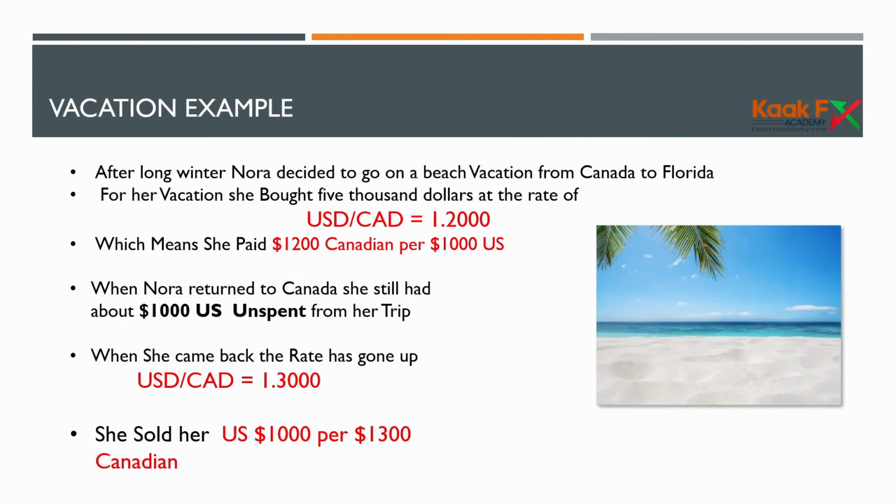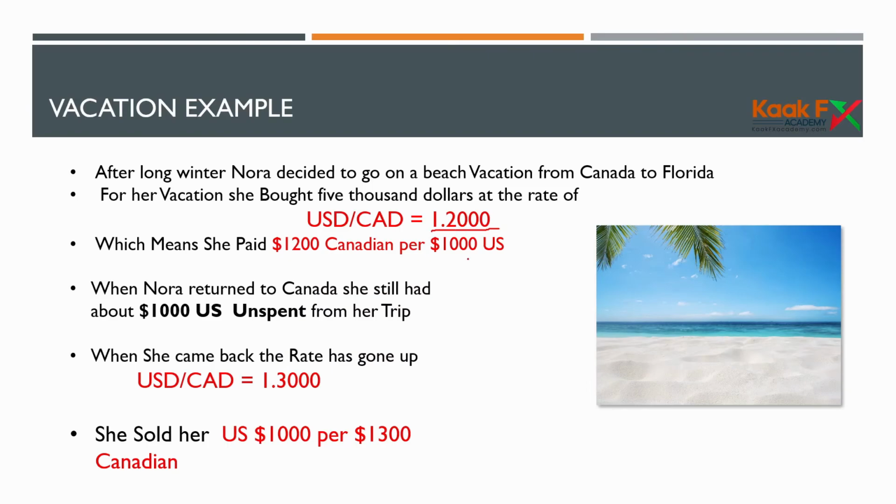Okay, let's take a look at one of our examples here, a vacation to Florida. After a long, hard winter here in Canada, Nora decided to take a vacation to Florida and enjoy the beaches there. So she decided to exchange 3,000 Canadian into US dollars. She got a rate of 1.2 when she was doing the exchange.